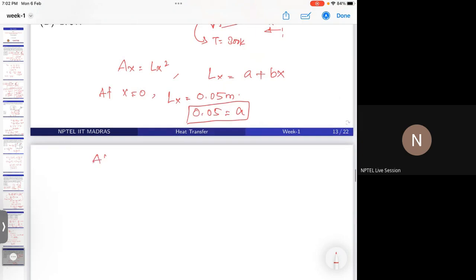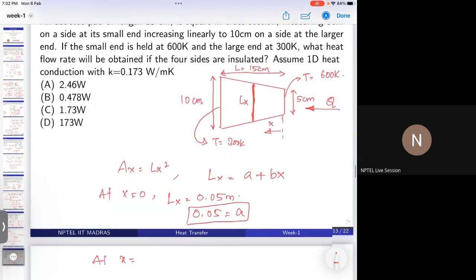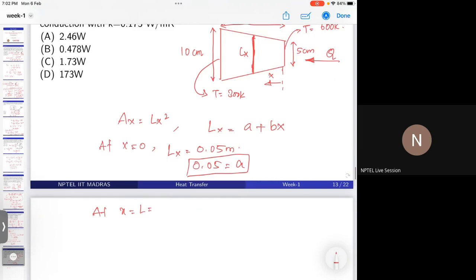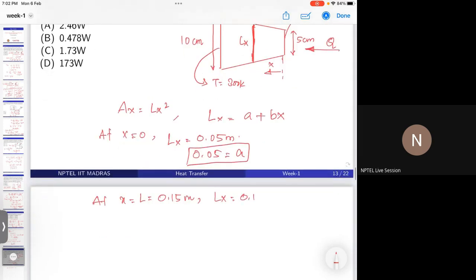Next, at x is equal to L, that is 15 centimeter, that is 0.15 meters, Lx is equal to 0.1 meter or 10 centimeter. So 0.1 is equal to 0.05 plus B times 0.15. So B is equal to, if you calculate 0.05 divided by 0.15, it will become 1 by 3.